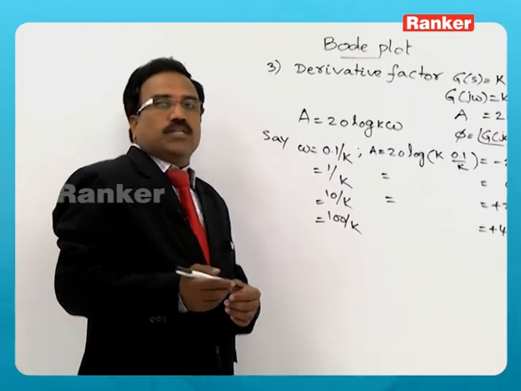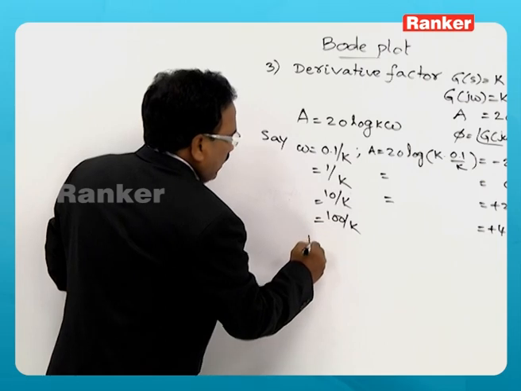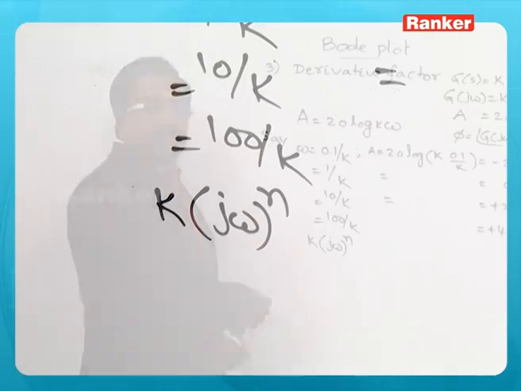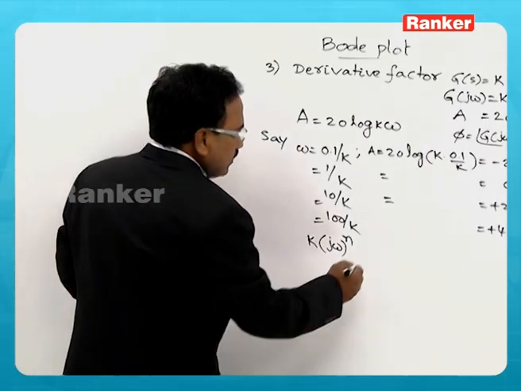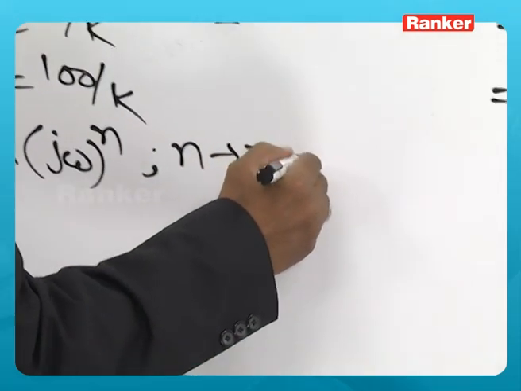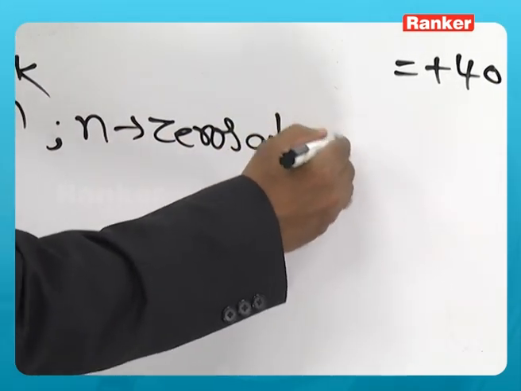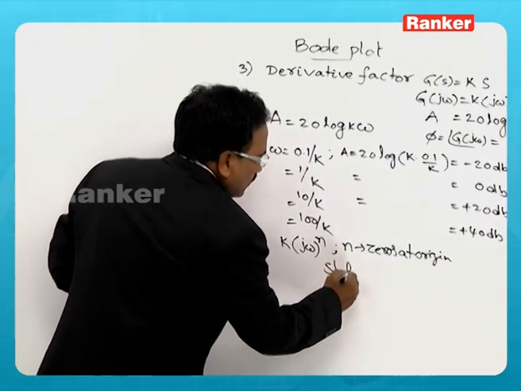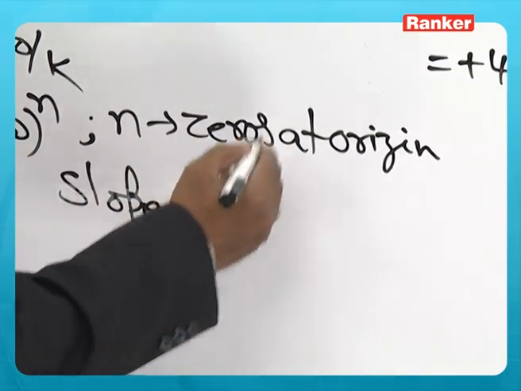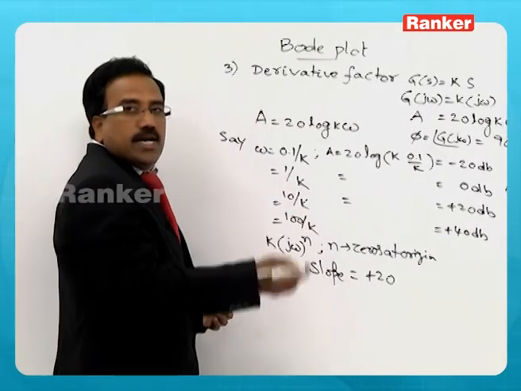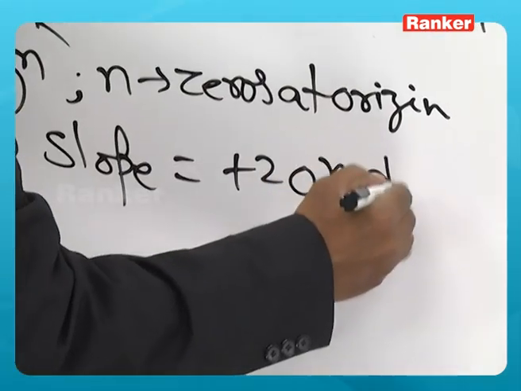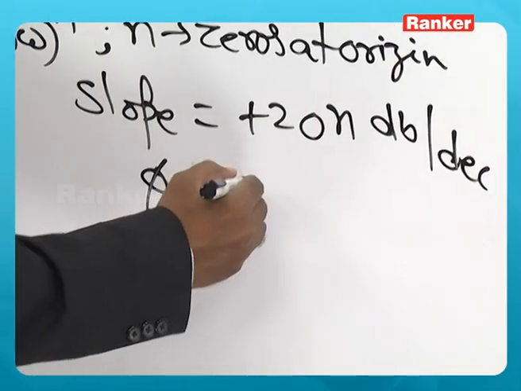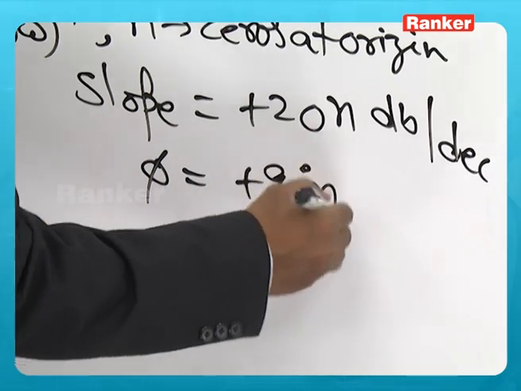If there are more zeros at origin, so instead of k into j omega, you have multiple zeros at origin, n indicates multiple zeros at origin, then the slope of the magnitude term is plus 20 n dB per decade, and the phase angle phi is plus 90 n.